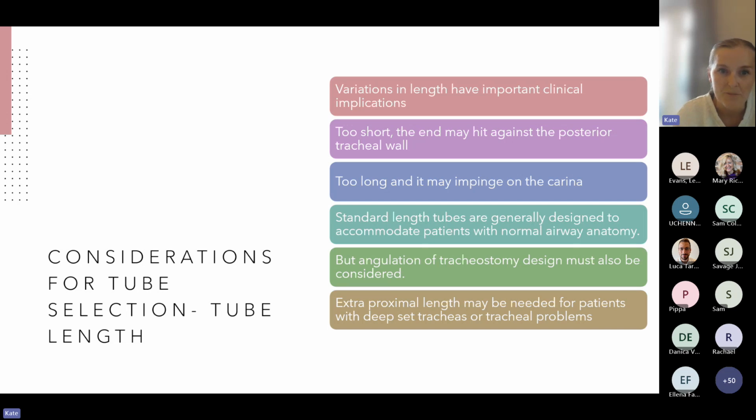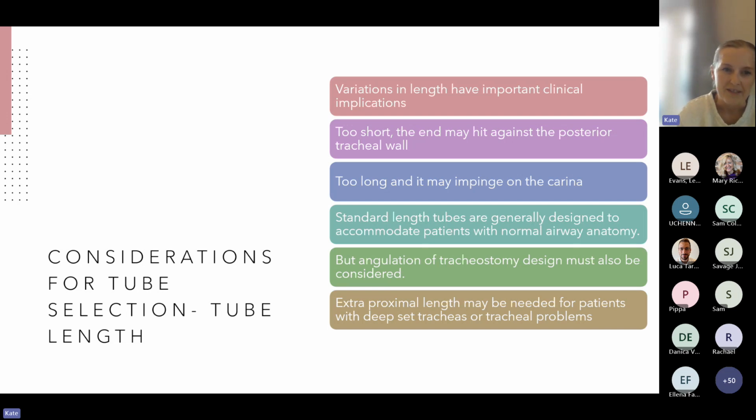Standard length tubes are normally designed to accommodate patients with normal airway anatomy. The ideal length of a tube should be so that the tube sits a few centimetres above the carina. But again, there's no guidance on this. We also need to think about the angulation of the tube, because the standard tracheostomy tube may be too short and it may be unsuitable for your patient. I am more than certain that anyone that works in ENT will know that far more than I do.